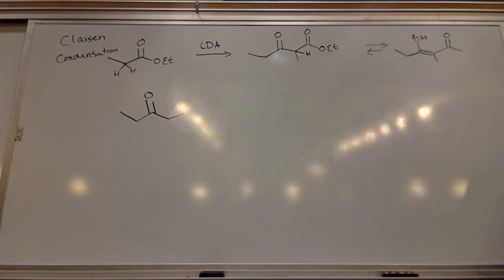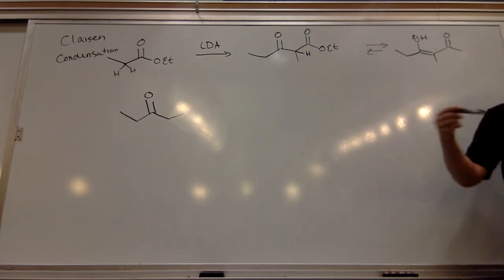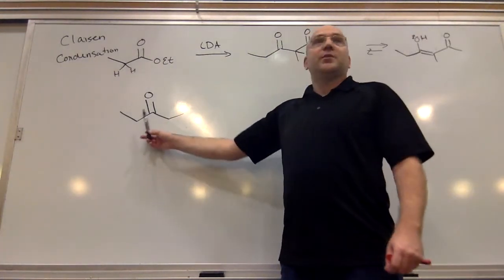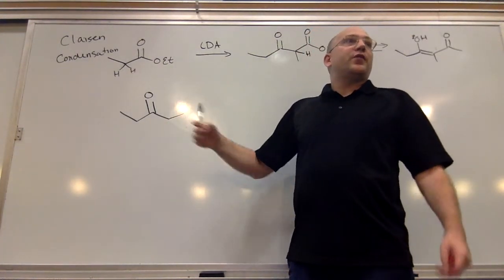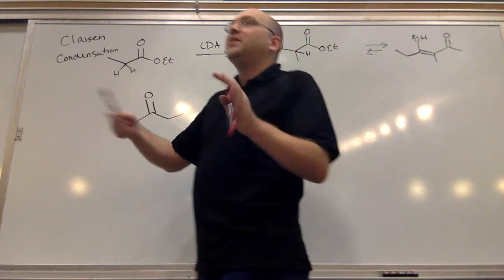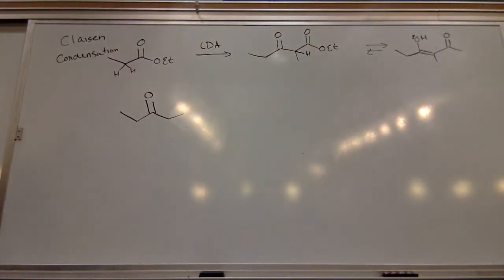One of the challenges to doing enolate chemistry with this molecule is you might get substitution over here, as well as substitution over here. So you might get some mixtures of mono and bis that might complicate the reaction.